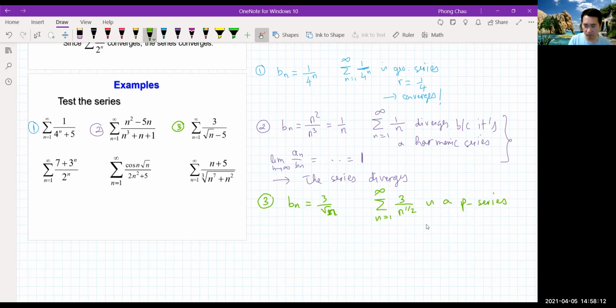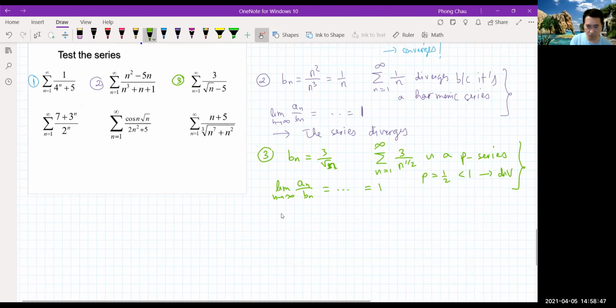With this p series, p is 1/2, smaller than 1, so that series would diverge. Right, so the series we came up with would diverge. And then again, don't forget you have to do the limit of a sub n over b sub n as n approaches infinity. You've got to do this. I believe it's going to be 1 again. And then these two combine, conclude the series diverges.